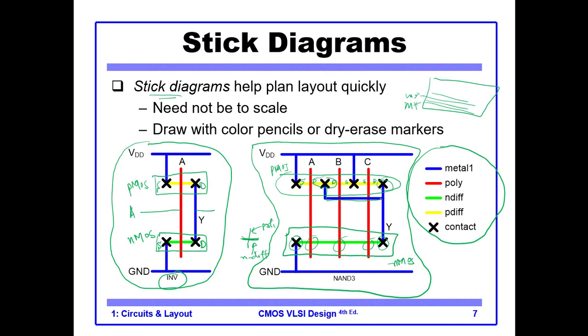The drain of A and B are connected to the drain of C, and they are connected to the drain of C in the NMOS. So they are in parallel. You see the source. So both the sources are connected to the VDD line.